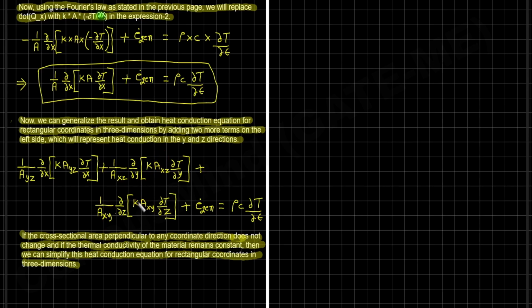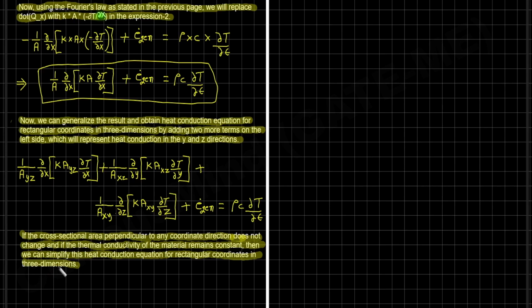Alright, and if the thermal conductivity does not depend on any spatial position or temperature, then we can take out thermal conductivity outside of the partial derivative. All right, and we can write a more simplified heat conduction equation for 3 dimensions in rectangular coordinates.